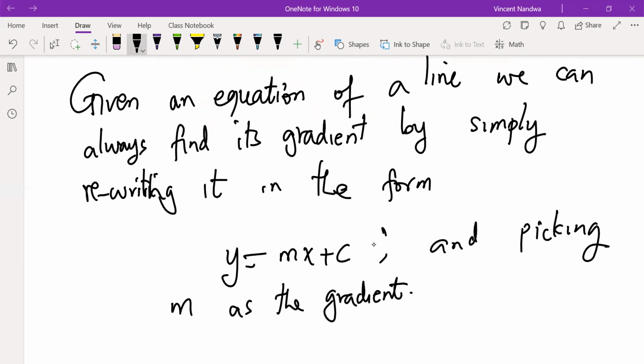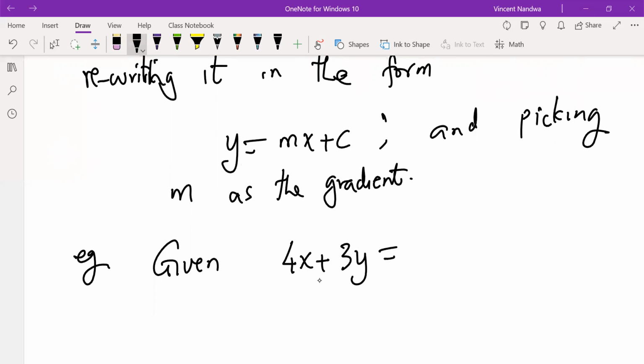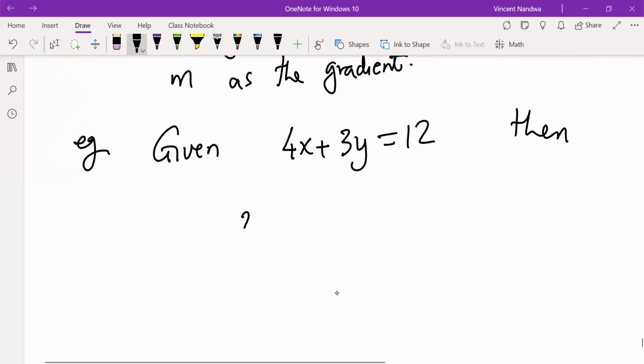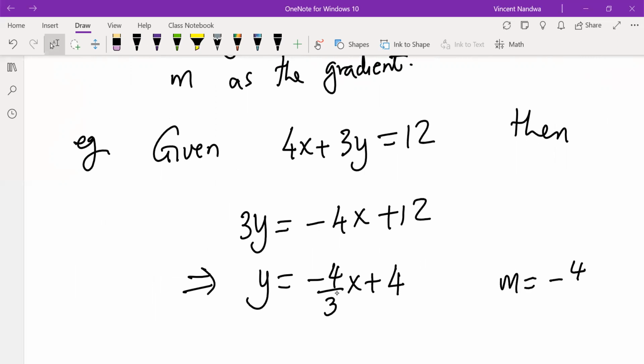For instance, given 4x + 3y = 12, then 3y = -4x + 12, which implies y = -(4/3)x + 12/3, which is 4. So m = -4/3 is the gradient.